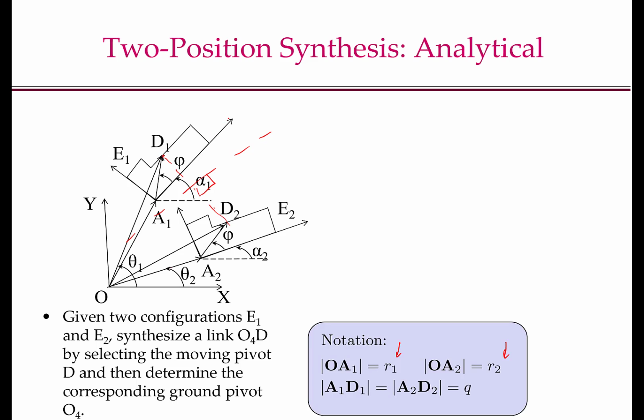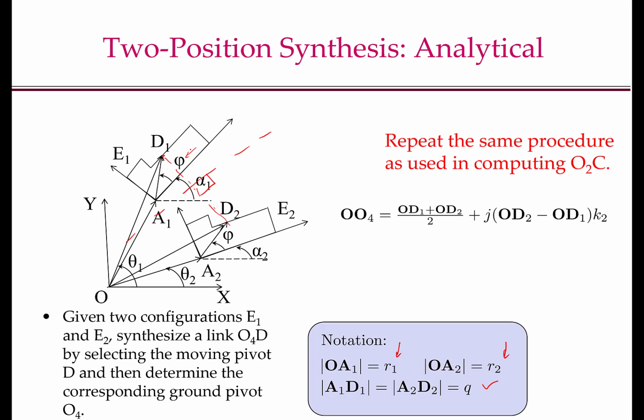The orientation at E1 is alpha 1 and the orientation at E2 is alpha 2. Now the point D that I have chosen is different. So the magnitude of the vector AD, which is the same at the two poses, so A1D1 and A2D2, is Q, and the angle that the vector makes with the x-axis of the LRCS is chosen as phi.